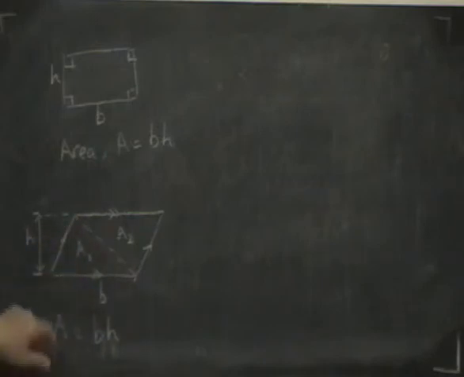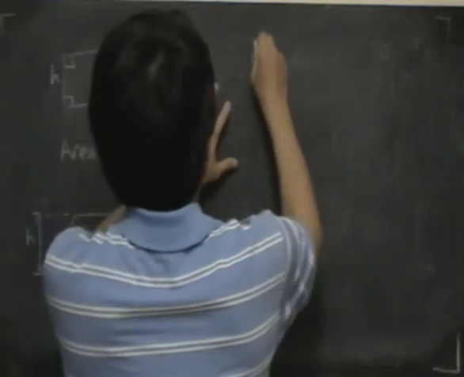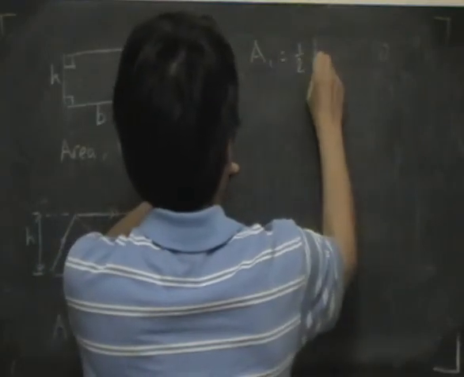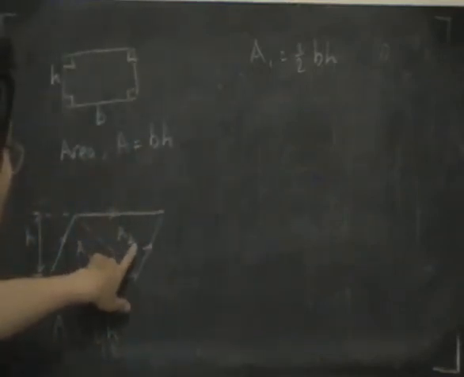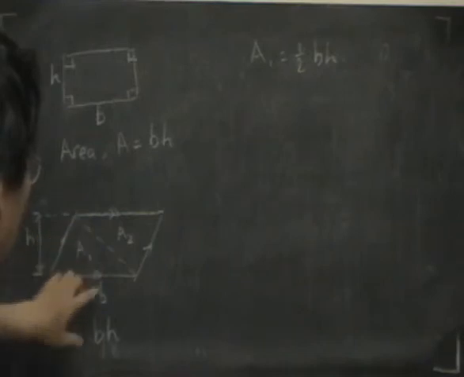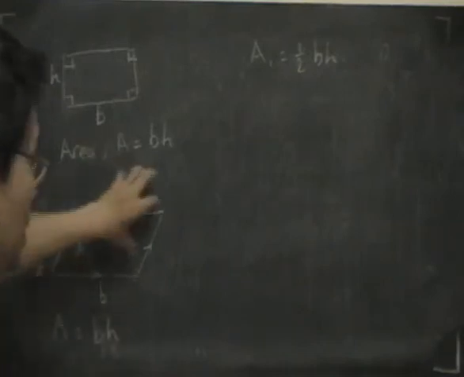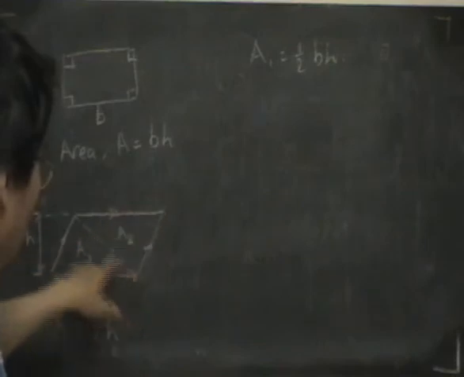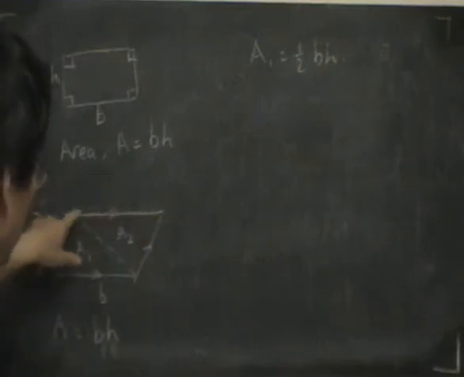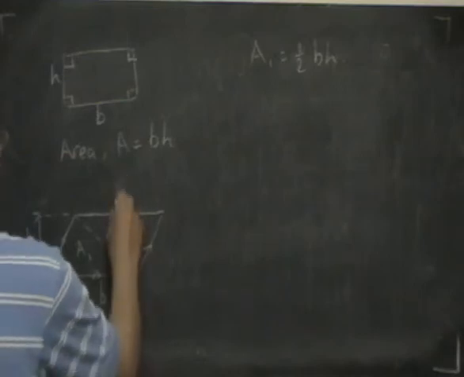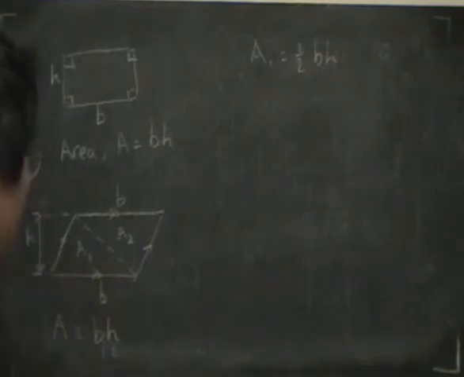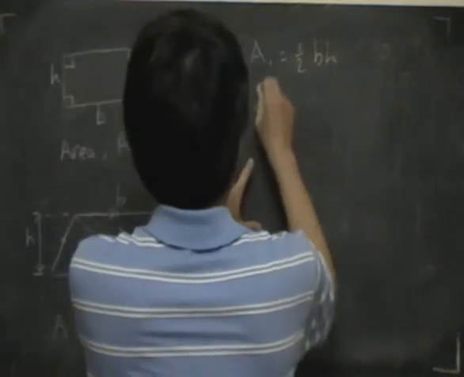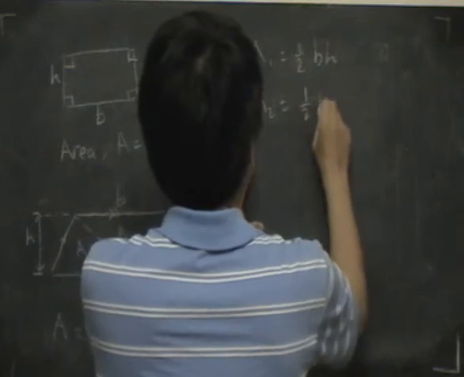A1 is half base times height. I can find A2 as well. If you look at this triangle, it's like this triangle upside down. You can imagine that the top part is the base, and this is the height, which is the same as h. So the area of A2 is also half base times height.